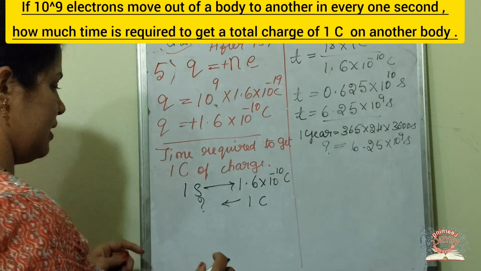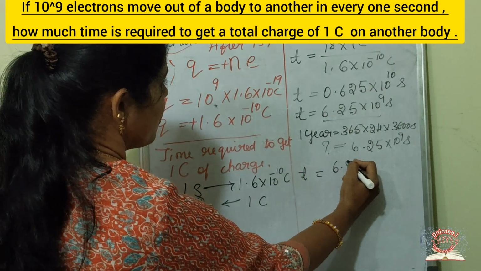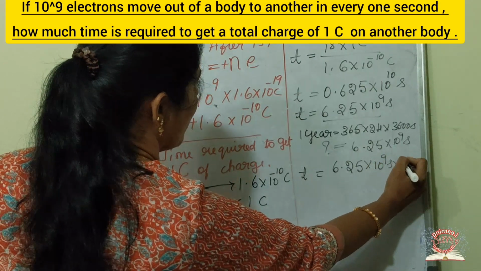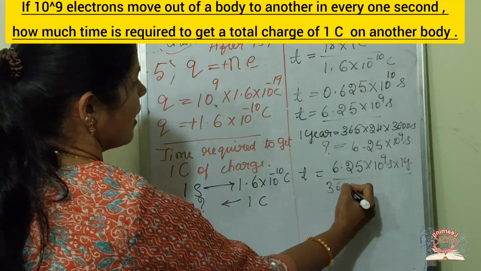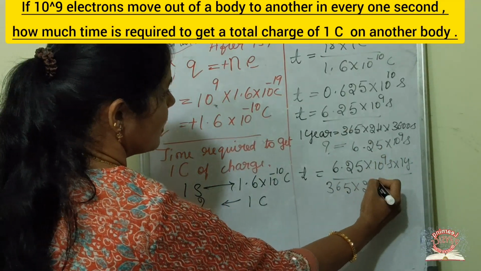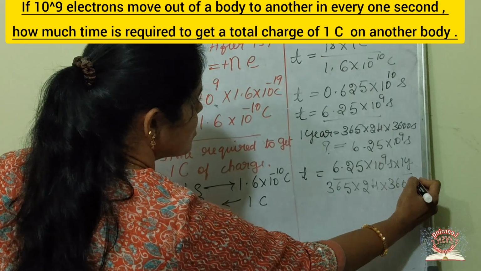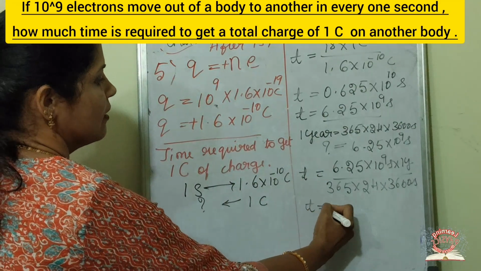That we are going to calculate now. T is equal to, cross multiply, 6.25 × 10^9 second into 1 year divided by 365 × 24 × 3600 second. Here seconds cancel and you are going to get the answer in years.